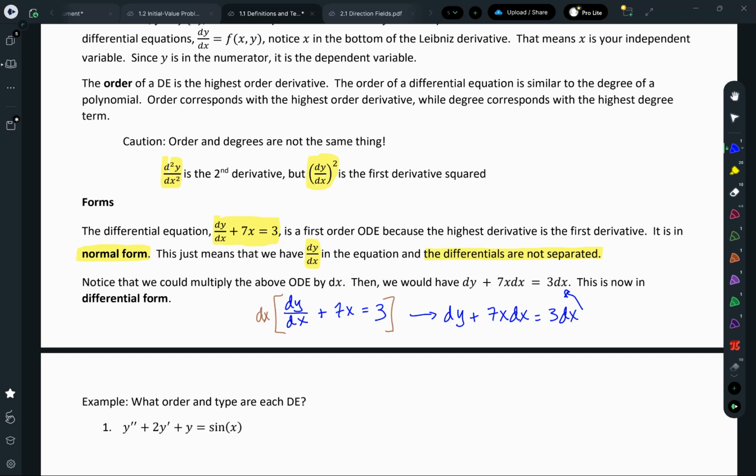This form, where we have broken the derivative into its different parts, the differentials, is called differential form. We'll see both types as we work through this course, and depending on the method that we're learning, one type will be used over the other.